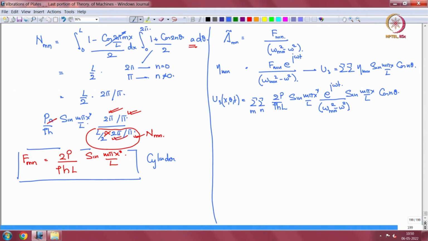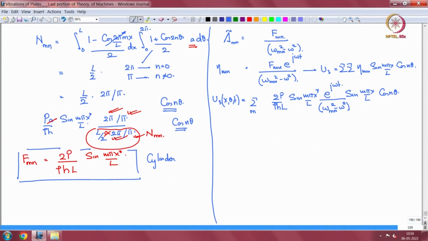Here n is a fixed n. Sorry, I think I just confused the whole issue. The particular force we have is of the type cos n theta, so it will create a response only in cos n theta and no other.